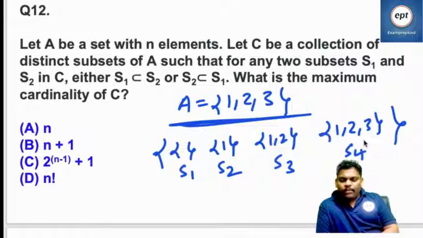Now, have I failed this condition anywhere? Please check. Between every two subsets S1 and S2, either S1 is a subset of S2 or S2 is a subset of S1. Any one should be satisfied.